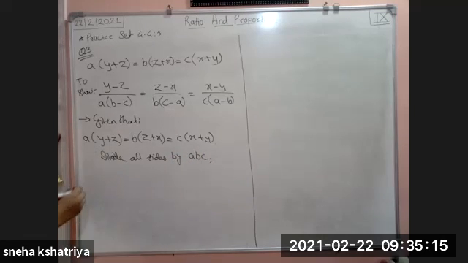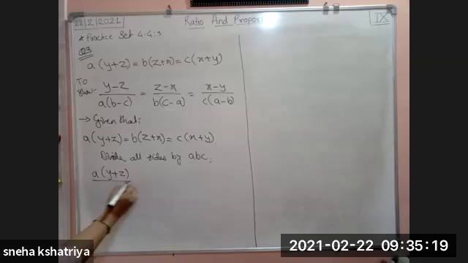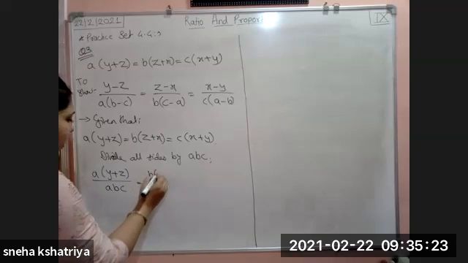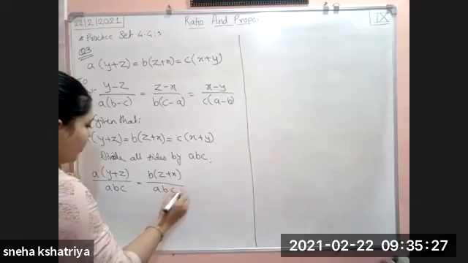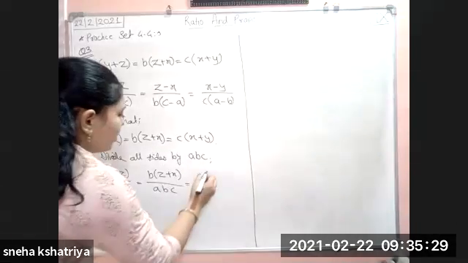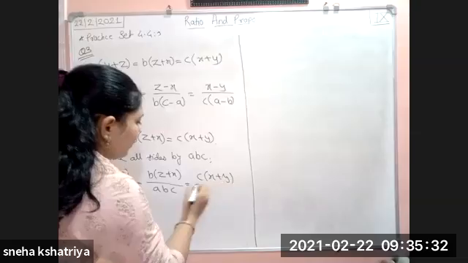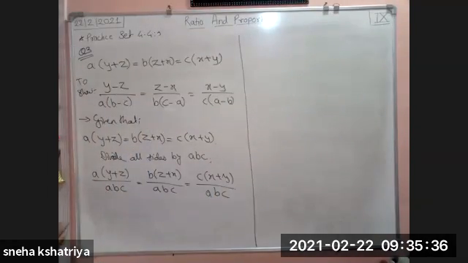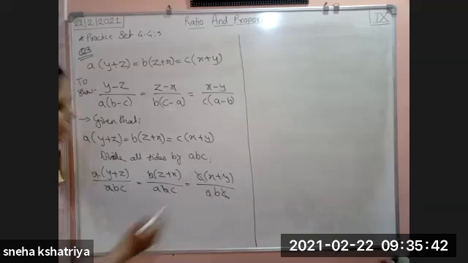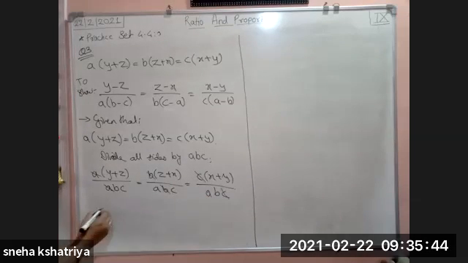This is the adjustment. So we will get a into y plus z divided by a into b into c, which is equal to b into z plus x divided by a into b into c, which is equal to c into x plus y divided by a into b into c. Now see here, a and a get cancelled, b and b get cancelled, c and c get cancelled. So what is remaining?